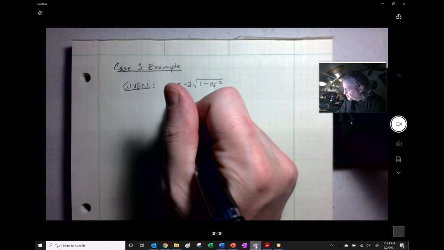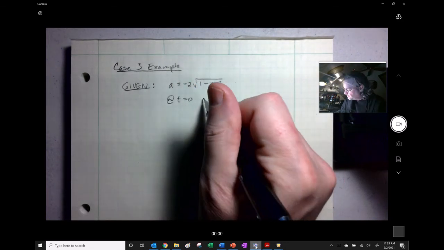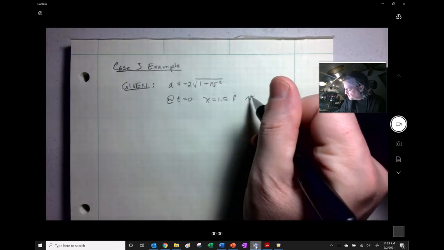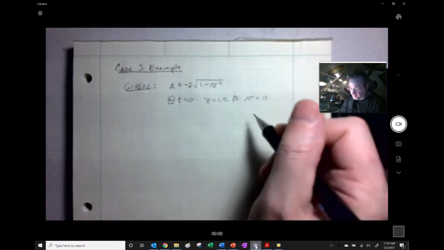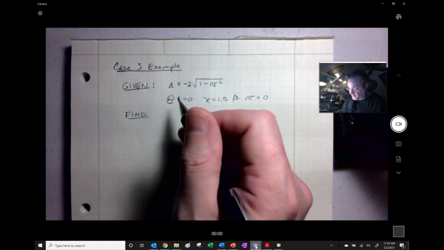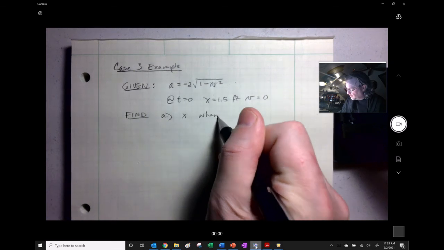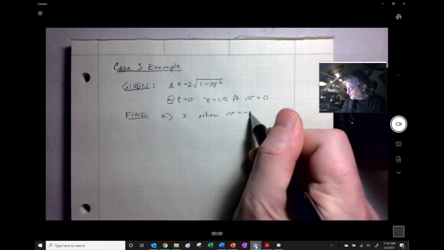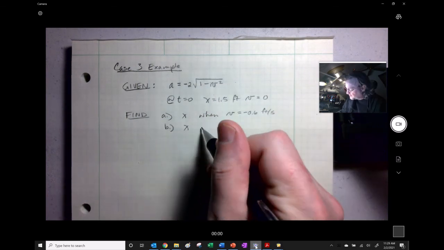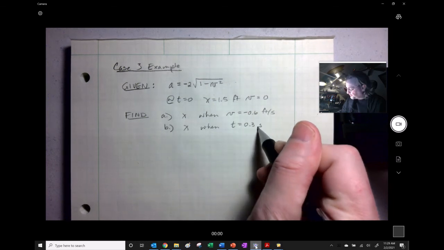And we also know that at t equals 0, x is equal to 1.5 feet, and v is equal to 0. And so for the find, we want to find a, x when v is equal to -0.6 feet per second, and b, we want to find x when t is equal to 0.3 seconds.